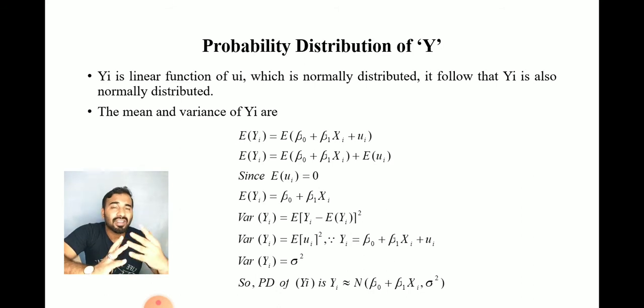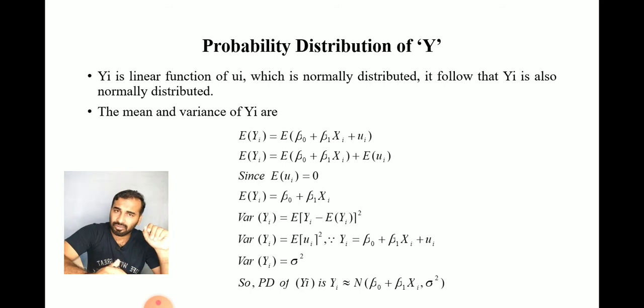Then what is the variance of y? Variance of y can be written in the form of expectation. So the variance of y is equal to the expectation of yi minus the expectation of y, whole squared. We know that yi is the total equation, beta 0 plus beta 1 x plus u.